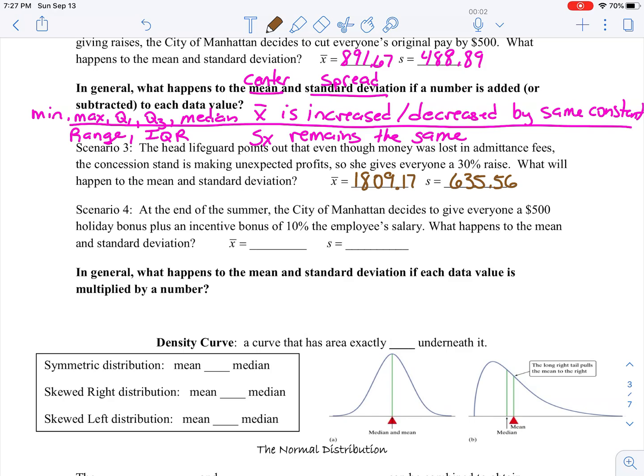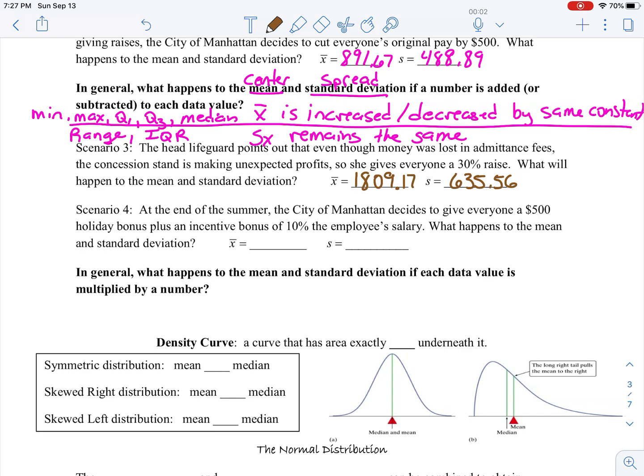Okay, now the thing is, though, I had to figure out what was that change. What happened? Okay, how did I go from, remember the mean was 1,391. So now we need to go, what was that increase?